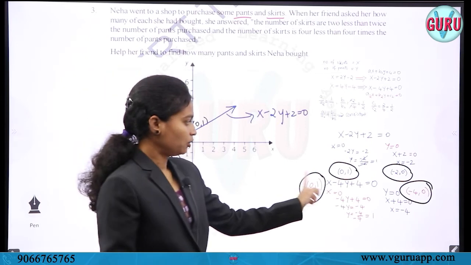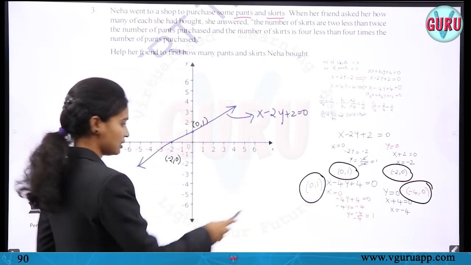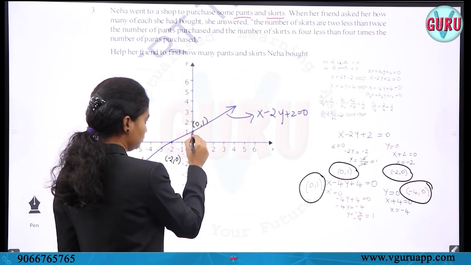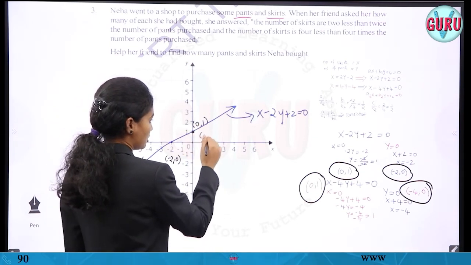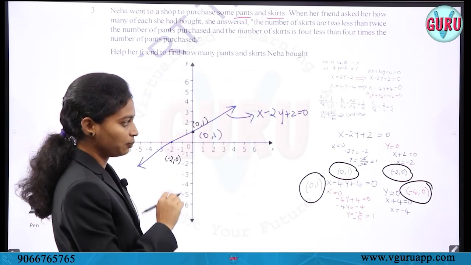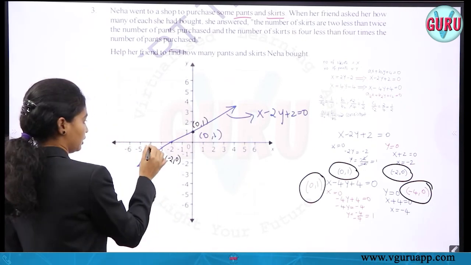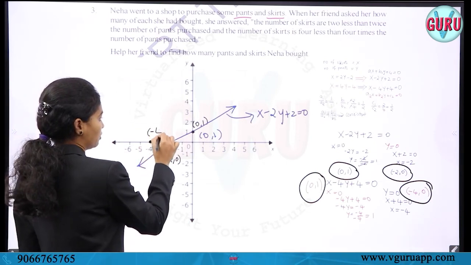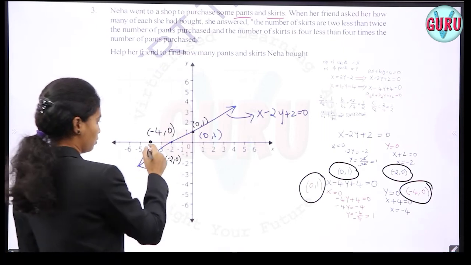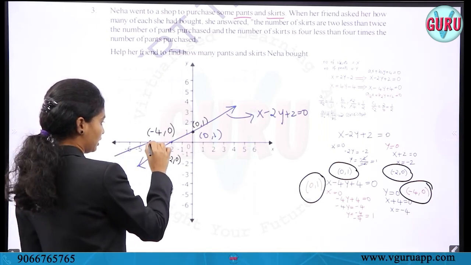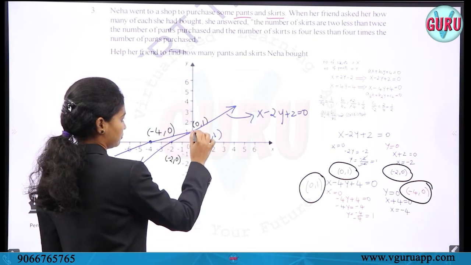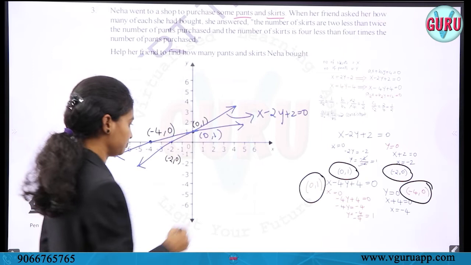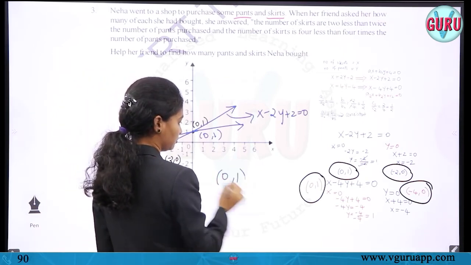I'll put other 2 values, that is 0, 1 is the 1 point, and the other point is minus 4, 0. The other point is here, this is minus 4, 0. So on joining these 2 points, I get a line in this manner. So these 2 lines are touching at the point 0, 1.